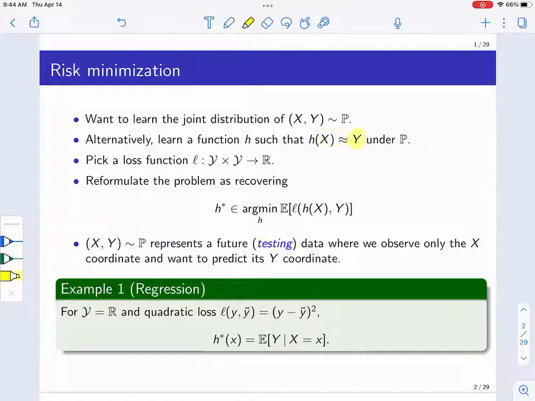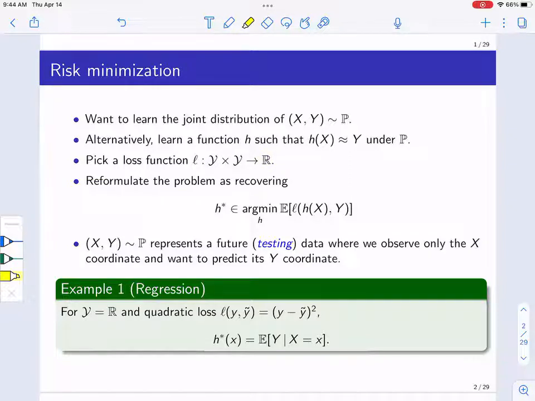And to do this, I introduce a loss function on the space y cross y. This takes two values of y, let's say the true y and then the estimated y, and then gives you a measure of how bad you're doing.